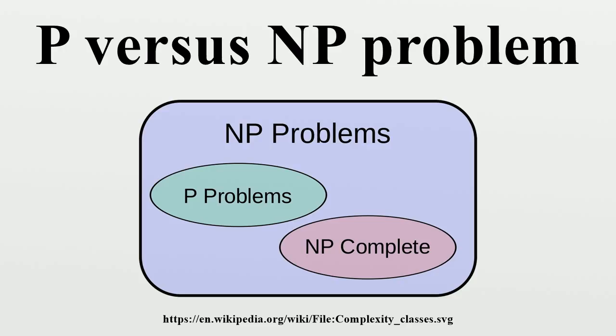An answer to the P equals NP question would determine whether problems that can be verified in polynomial time, like the subset sum problem, can also be solved in polynomial time. If it turned out that P does not equal NP, it would mean that there are problems in NP that are harder to compute than to verify.